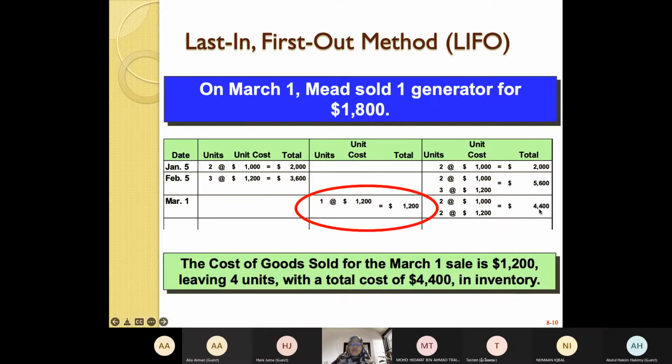Under LIFO, your cost of goods sold is 1,200 and your closing stock is 4,400. So it makes a difference in terms of the value of your COGS and the value of your closing stock, depending on the method that you employ.